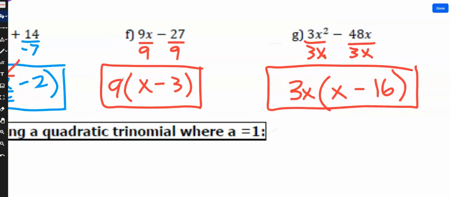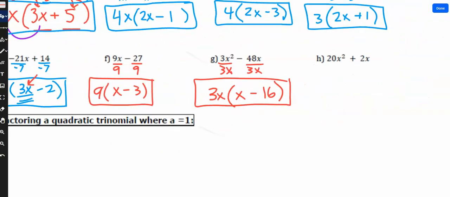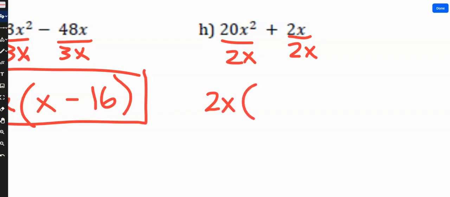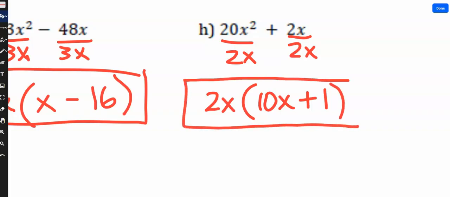Oh, got one more. Looks like they each have a 2 and an x. And so the 2x goes on the outside. And that would leave me with 10x plus 1 on the inside. You're just simplifying the two fractions to figure out what goes in the parentheses.